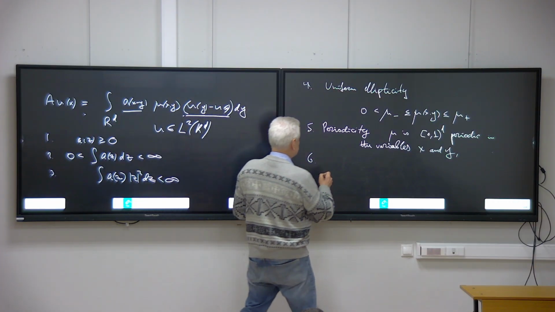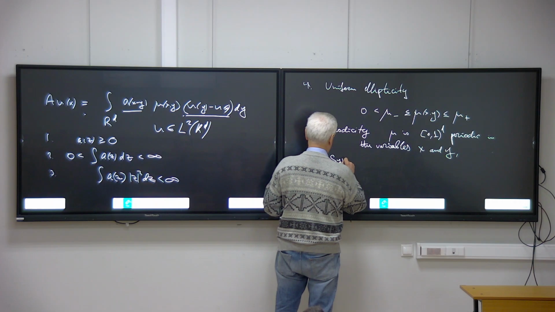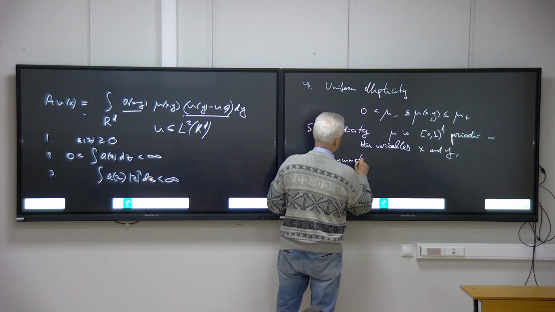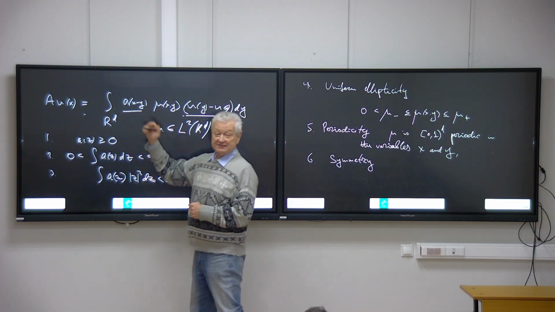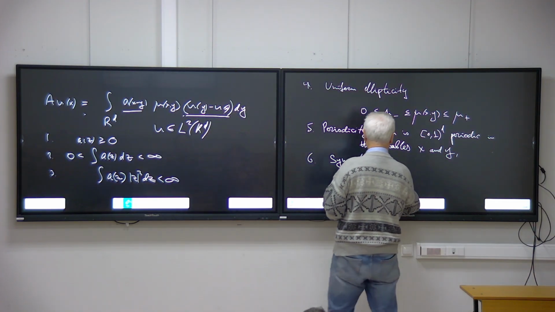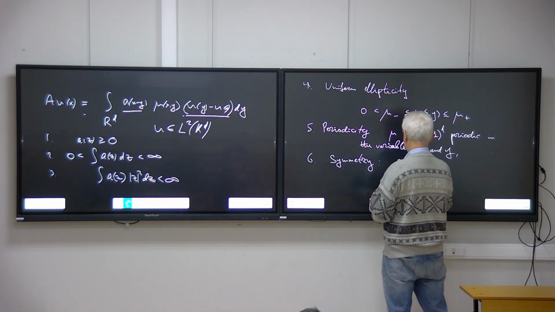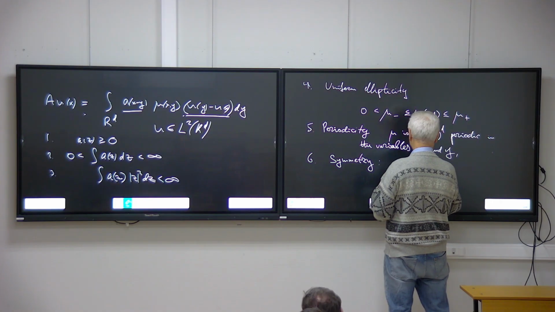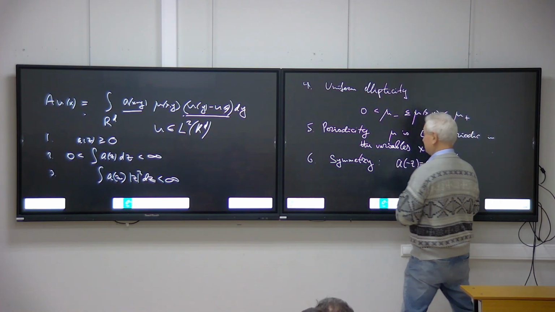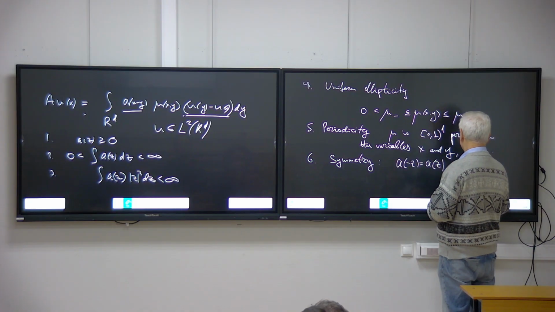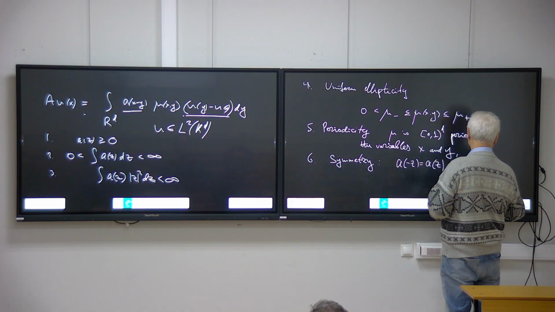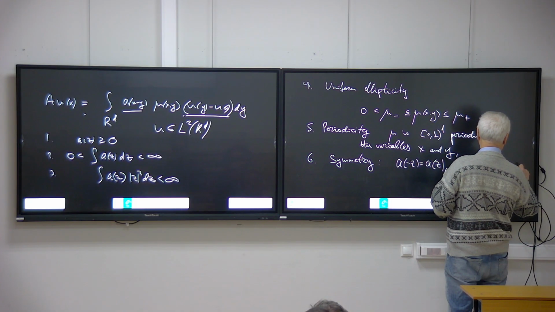And the last condition is symmetry. The symmetry condition consists of two parts, a condition on mu and a condition on A. So on A, it's A of minus z is equal to A of z for any z from R^d, it's an even function. And mu of x y is equal to mu of y x, the usual symmetry for mu.